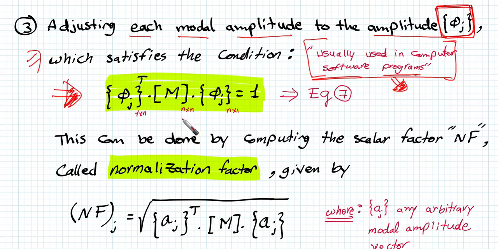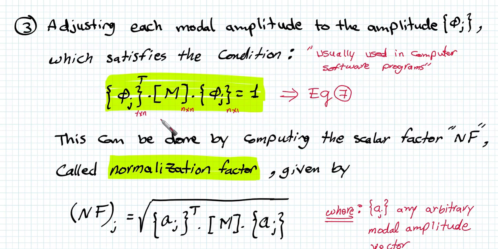As we said, in modal superposition, or in solving the dynamic problem of the multi-degree of freedom system, sometimes we are going to find these terms multiplied, or the dot product of these vectors with the mass matrix, for example.